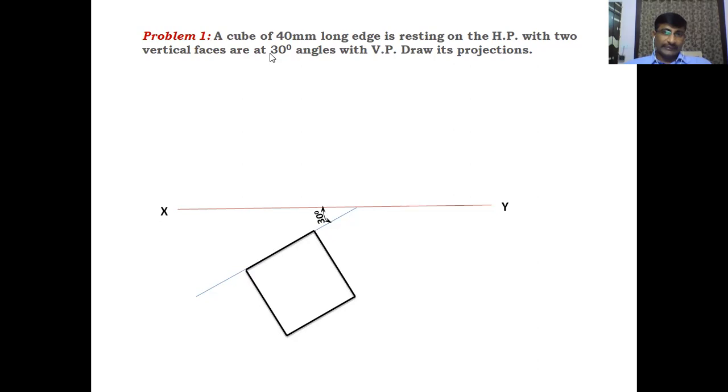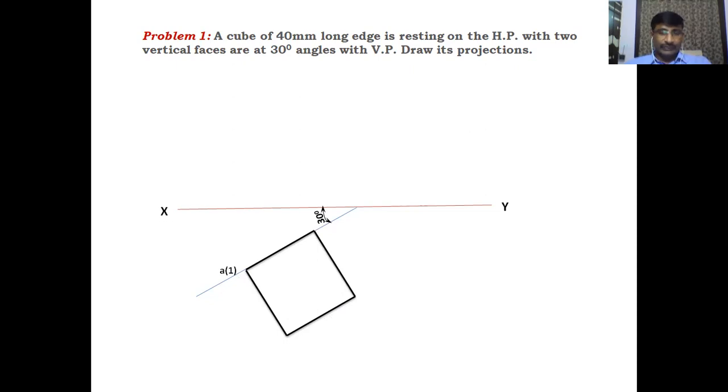The condition is given that two vertical faces, that is two sides of the square from the top side, make an angle of 30 degrees with XY. After getting this, look at the corner point A of 1: A is the visible base corner, 1 is the invisible base corner. The cube has how many corners in total? The cube has a total of 8 corners.